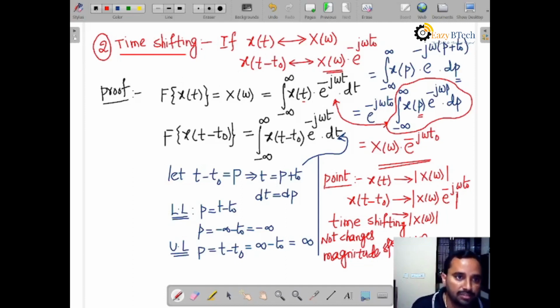If x of t plus t naught, its Fourier transform will become what? X of omega into e to the power plus j omega t naught. So if you have plus in the signal, the exponential also has plus. If you have minus, the exponential also has minus. That's all. This is the time shifting.